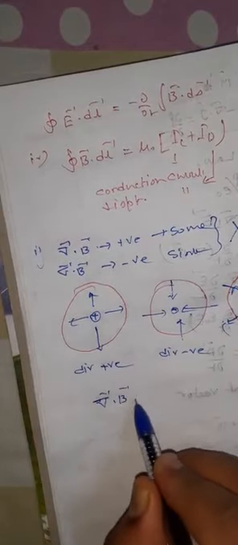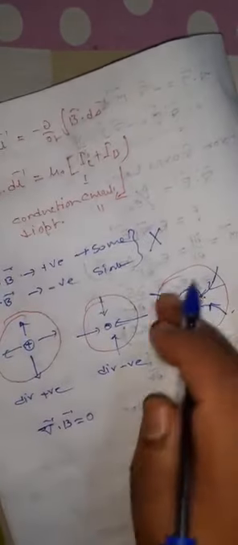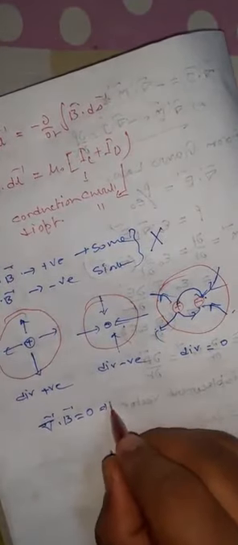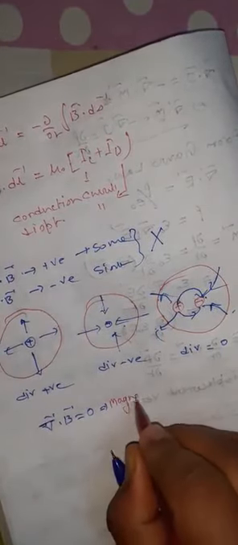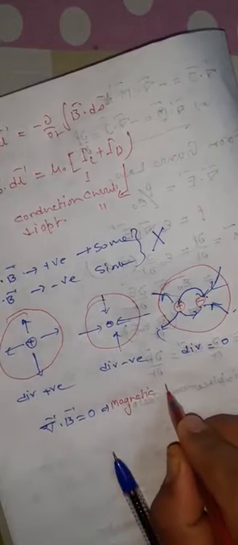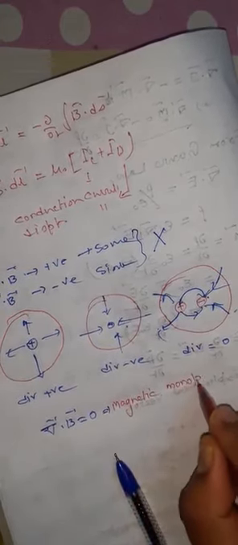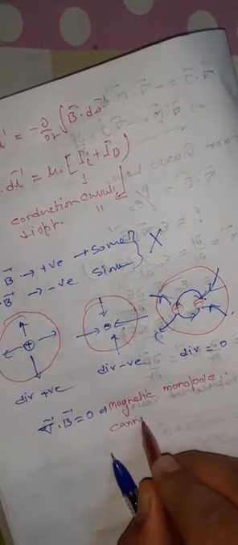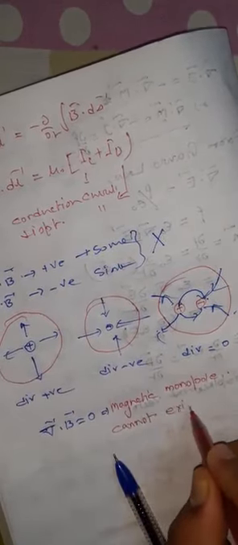So divergence of B equals 0 means magnetic monopole cannot exist. That means you cannot have a single north pole or a single south pole.